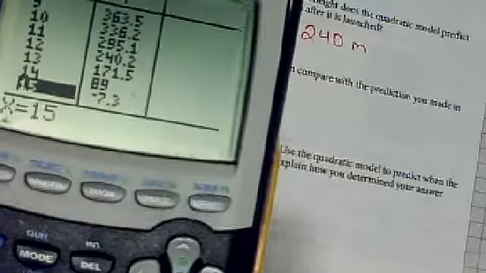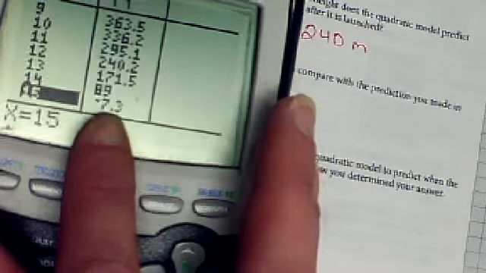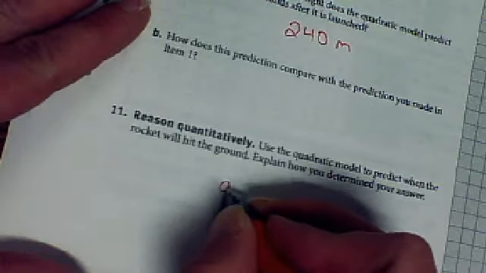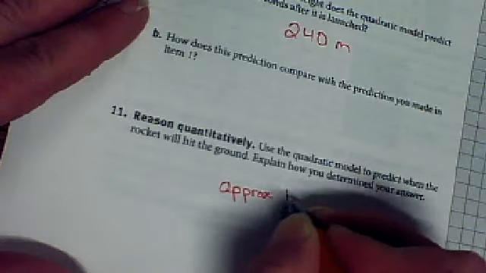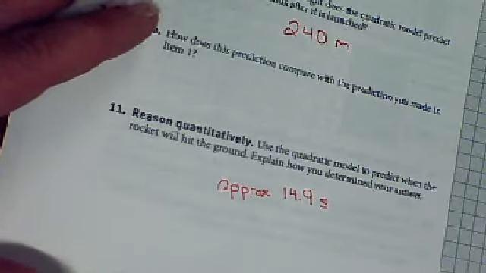Well, let's see. It starts going back down. Really, really close to 15, because that's it. It's at negative there. So could we say approximately 14.9 seconds? It's a little bit before 15.